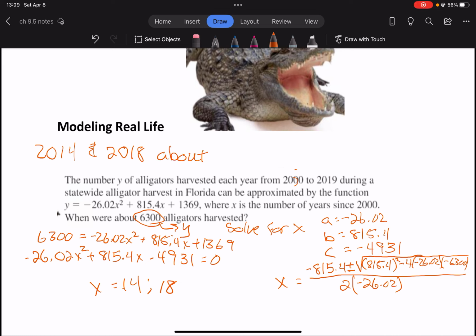And I can say that was when about 6,300 alligators were harvested. And so that's the power of the quadratic formula, because it does all of them.